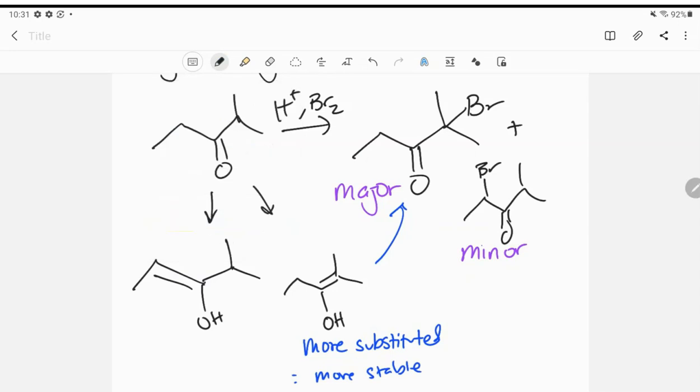So we'll start next time, I guess. So that's the idea here. You can put a halogen on an alpha carbon using acid as your catalyst. We're going to see it can happen in basic conditions as well, although we have to be careful sometimes. So we'll see that next time.